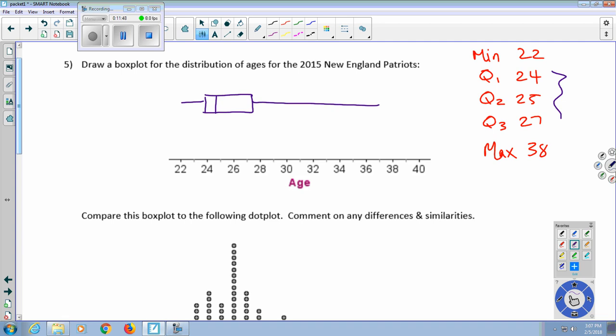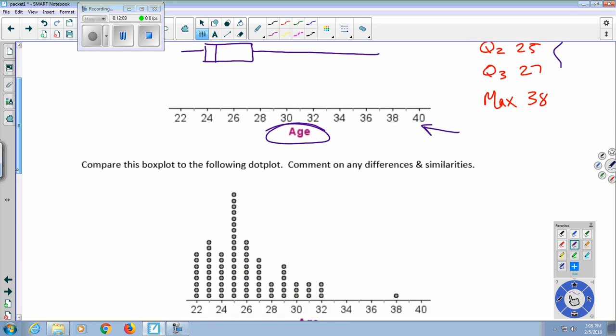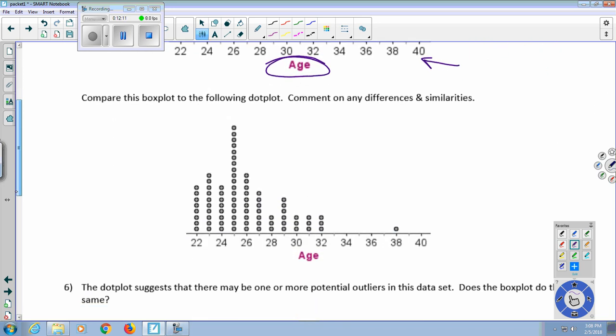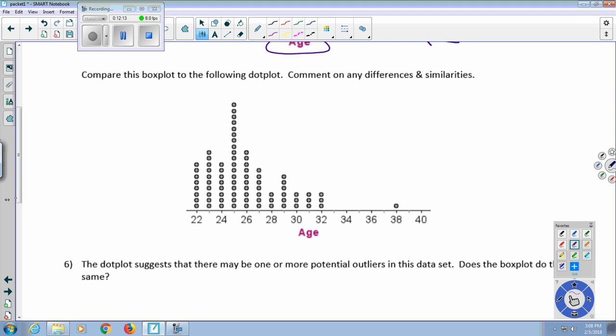Okay, so that gives us a look. If I was creating this from scratch, I would also have to remember to put my label and consistently scaled axes so that people could read it. Right below this is our dot plot. I can't put those on the screen, but what are the differences and similarities?